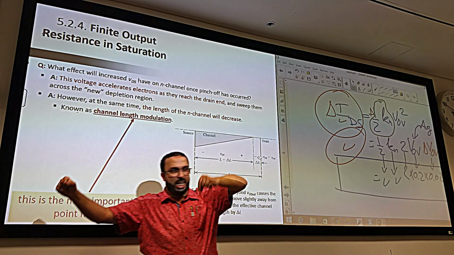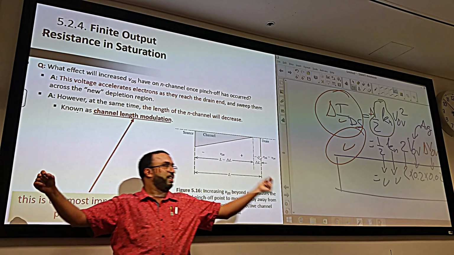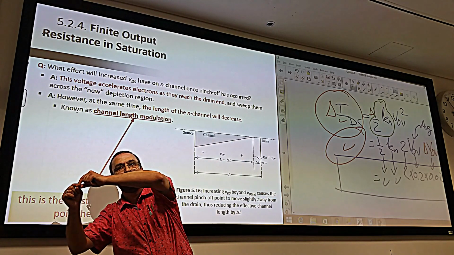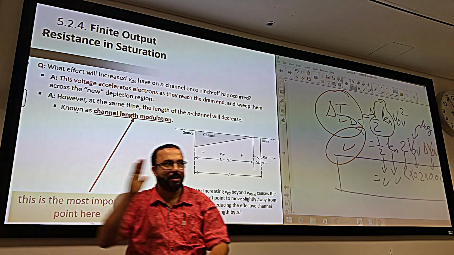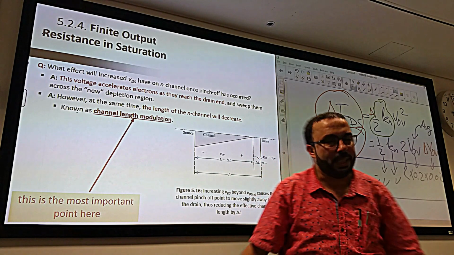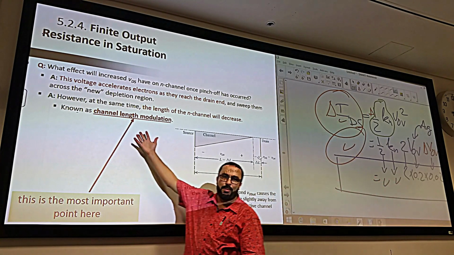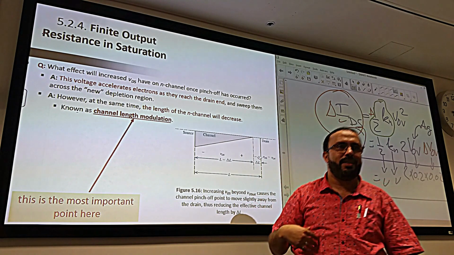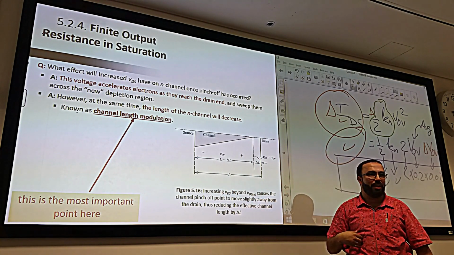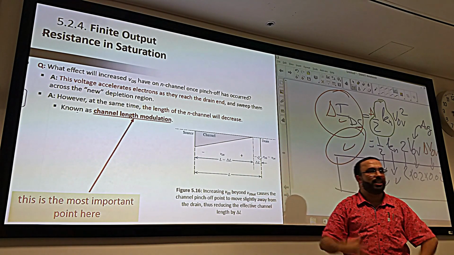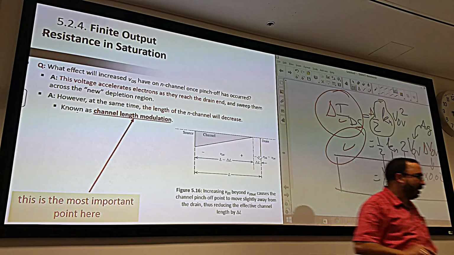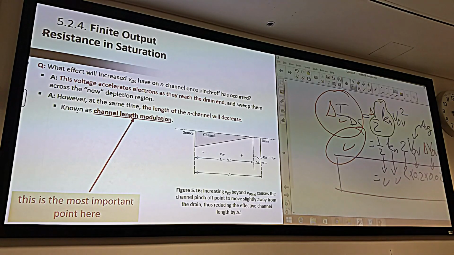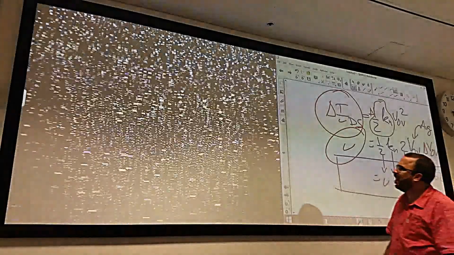So VDS controls L, L controls I, so that means VDS also controls I. Logic, yes or no? And that's what we call channel length modulation, and that's what actually makes VDS control the current in saturation. We are a little bit contradicting ourselves, but that's the reality, okay? That is the reality.